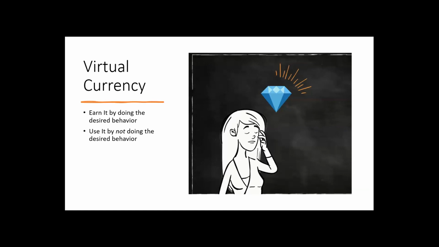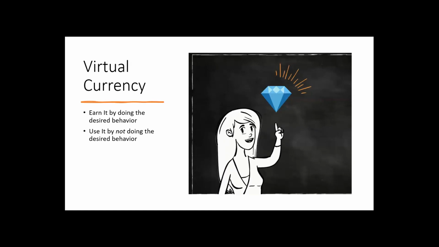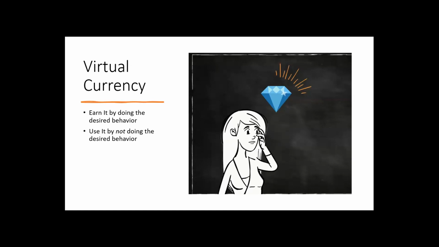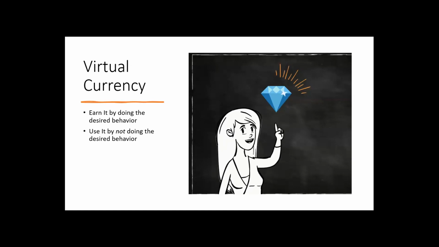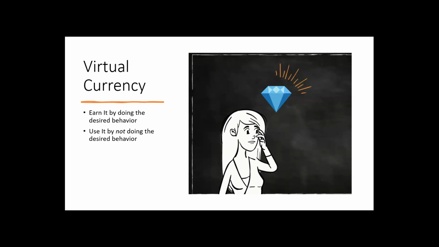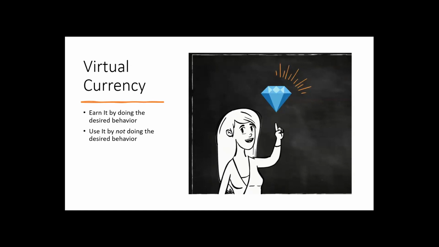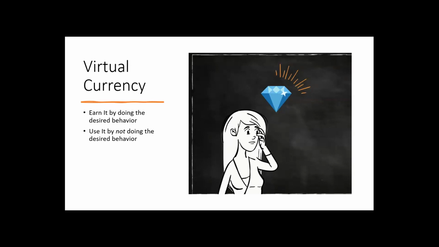When students perform certain actions, when they achieve something or do the behaviors that we talked about just a second ago, they can earn virtual currency, right? So they earn it by doing that desired behavior. They then have to use it if they did not do the desired behavior.